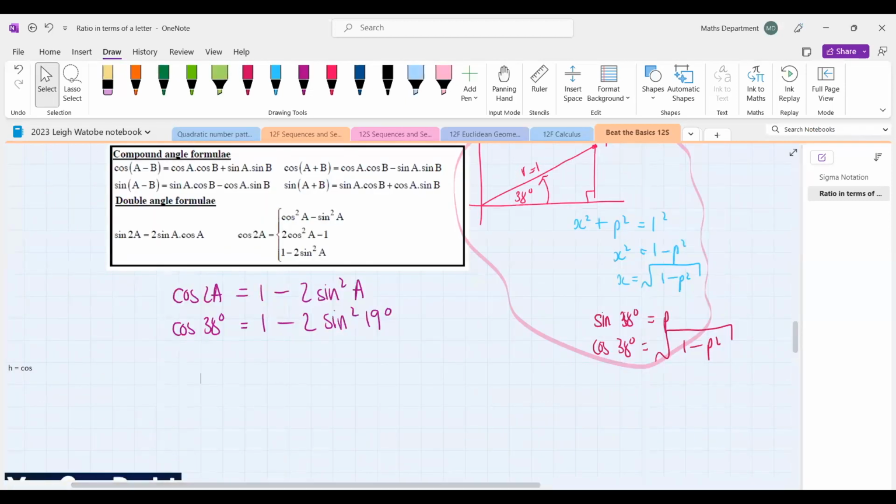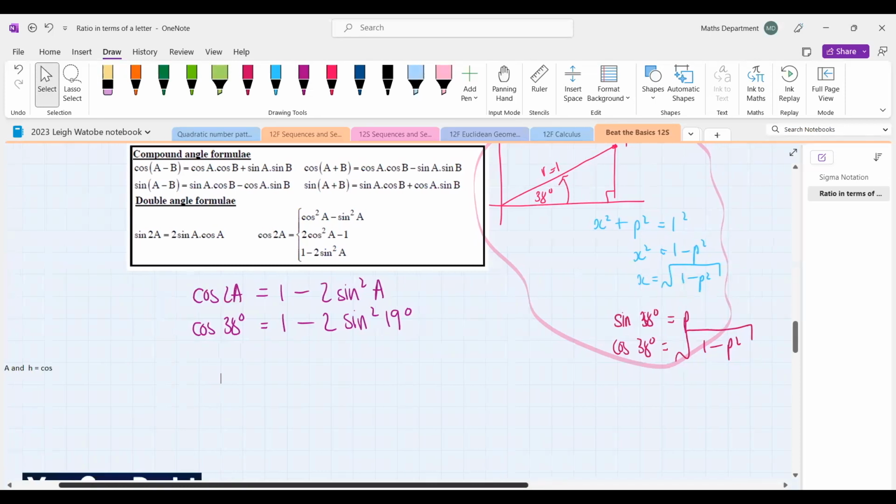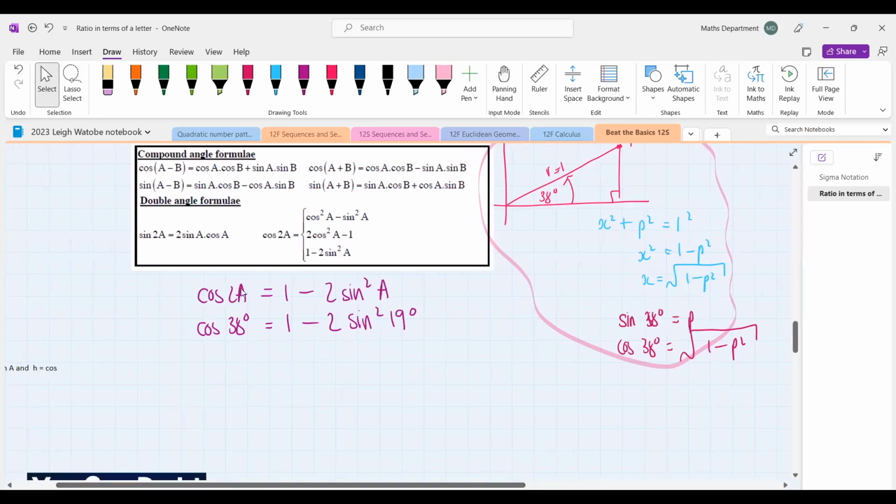That's just our diagram, right? But the hard part is understanding that we get sine A from cos 2A. We get sine 19 from the cos of 38. That's the difficult bit. We know what the cos of 38 is.